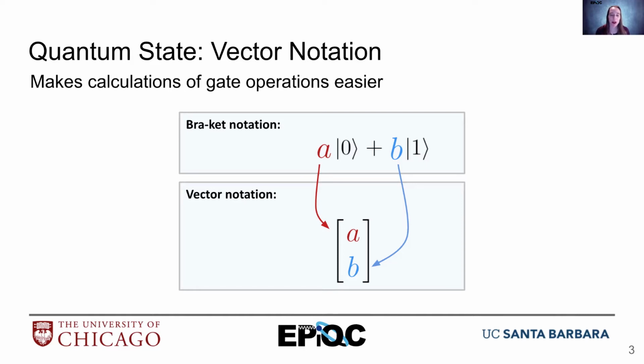So the only confusing thing that I find with this is that the reason the bracket was so nice was because I had the 0 in the ket and the 1 in the ket, and so I knew that A was square root of the probability of measuring 0, and B was square root of the probability of measuring 1. But in this case, though it could be positive or negative, with the vector notation, we lose that visual reminder of where the position is for the amplitude corresponding with 0 and where the position is with the amplitude measuring 1.